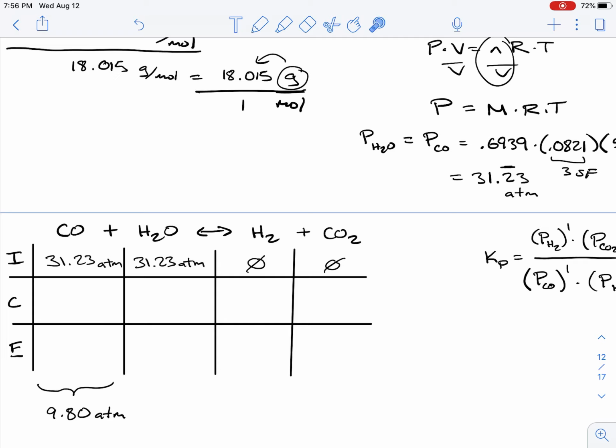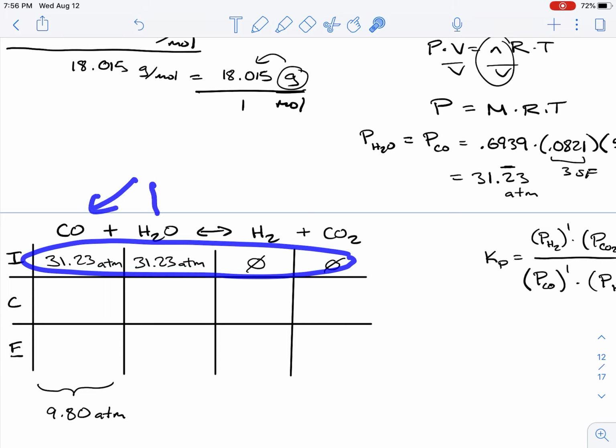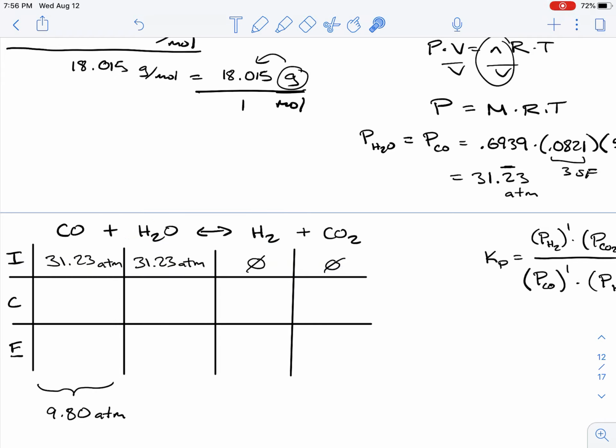And so looking at the initial partial pressure, since we have reactant present, it feels like the reaction is going to go in the forward direction before the chemical reaction has reached a state of chemical equilibrium. In other words, we're going to consume reactants and produce product. So this is going to be minus x, plus x, and plus x.